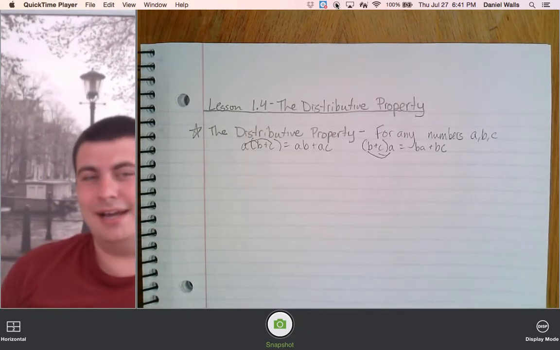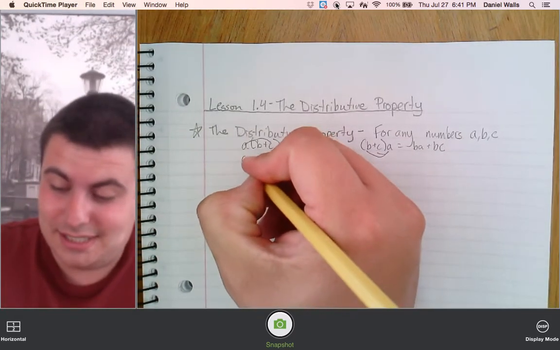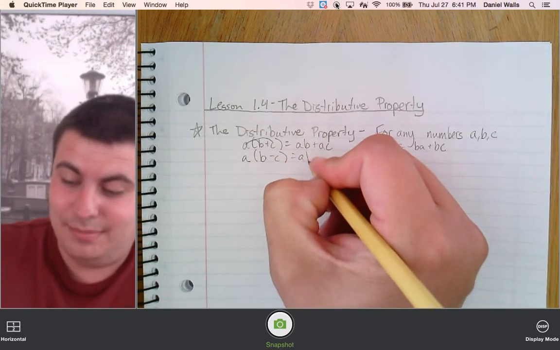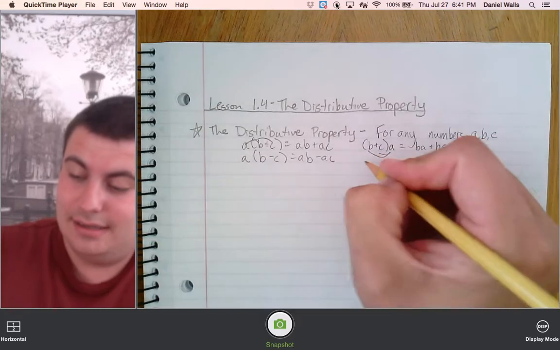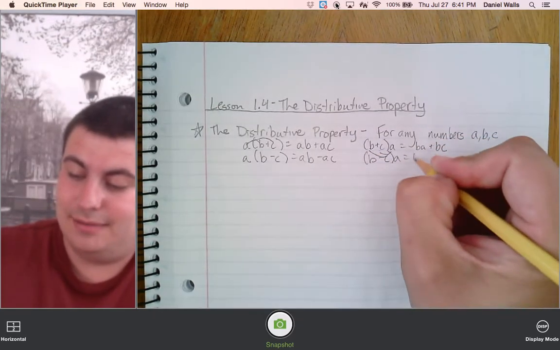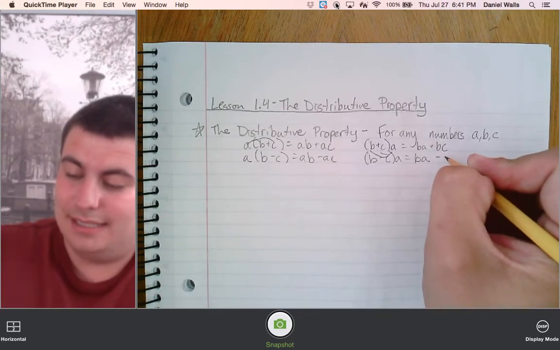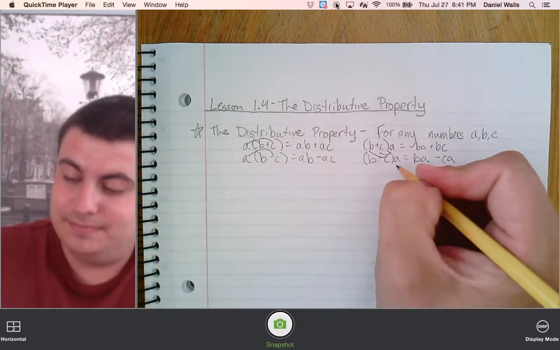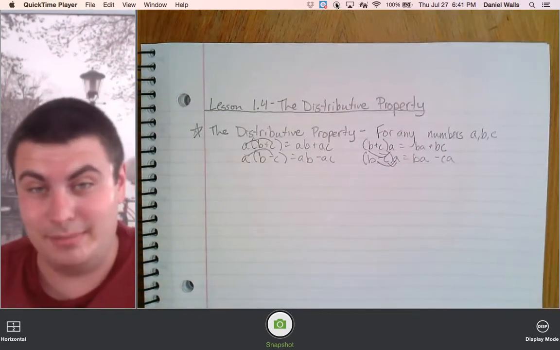It also works over subtraction. If we had A times B minus C, that would be AB minus AC, or if we did B minus C times A, that would be BA minus CA. Again, distributing forward, distributing backwards.